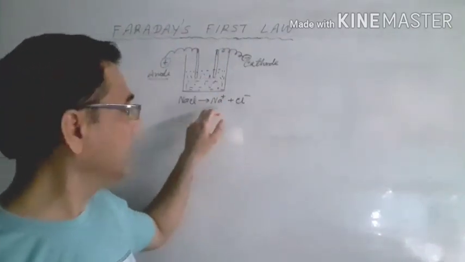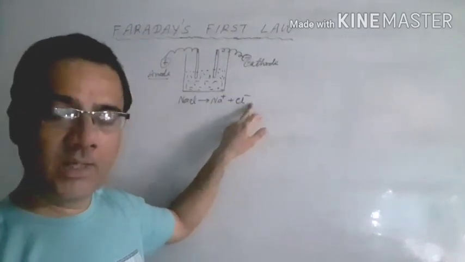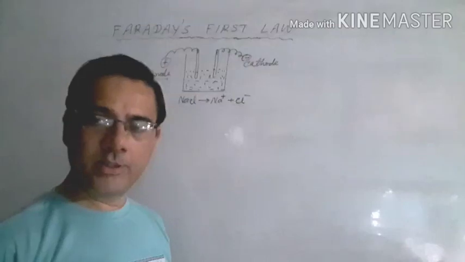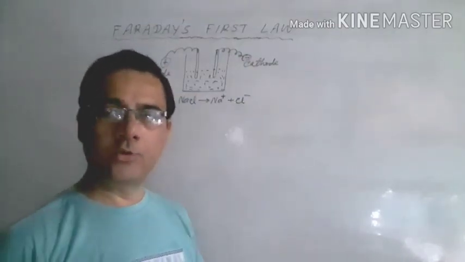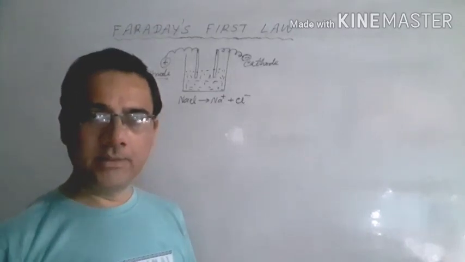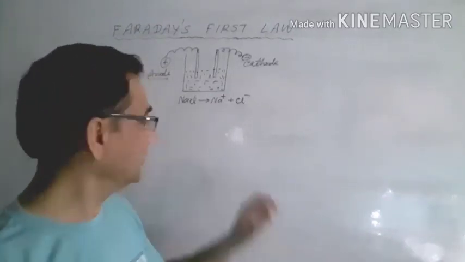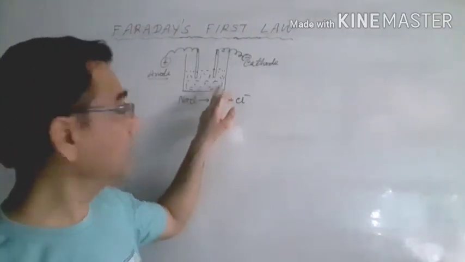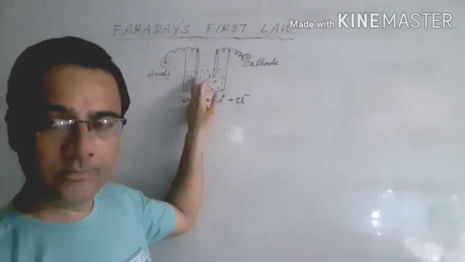Molten NaCl dissociates into Na plus and Cl minus ions. Now we pass the electric current. When we pass electric current, there is a rule of electrochemistry: the cation starts moving towards the cathode and the anion starts moving towards the anode.